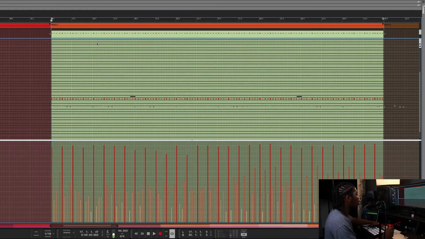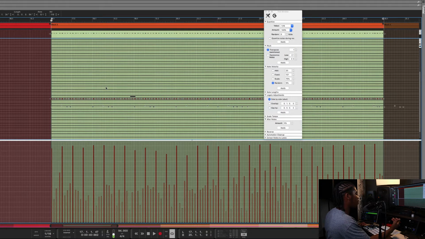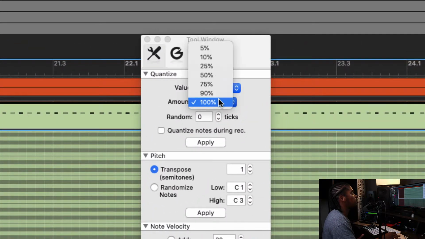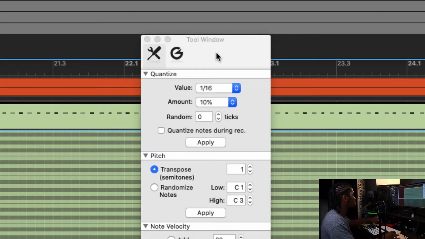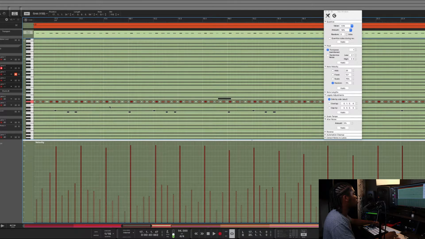So what I'm going to do is highlight all of these MIDI notes and hit my F8 key command. Instead of going for a quantization amount of 100, I'm going to set this to 10%. I'm going to dive in and figure out what grid setting closely resembles what I'm going for.